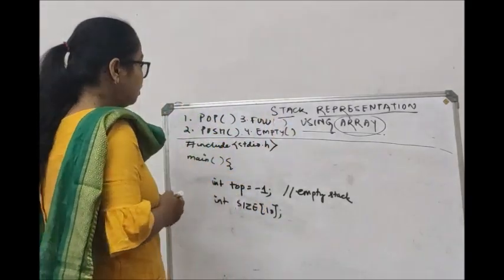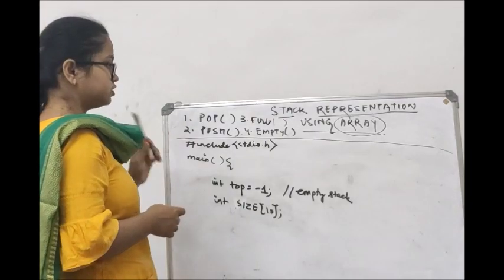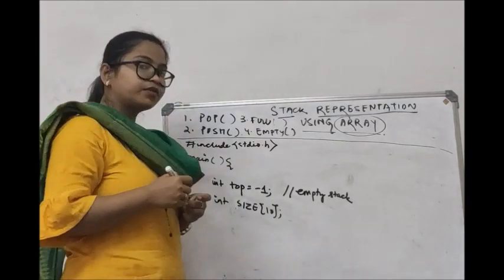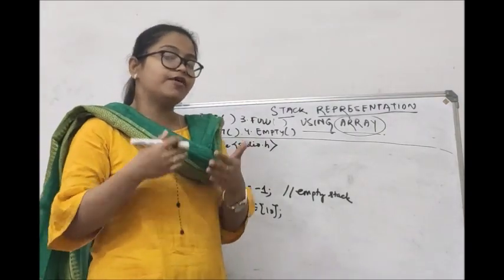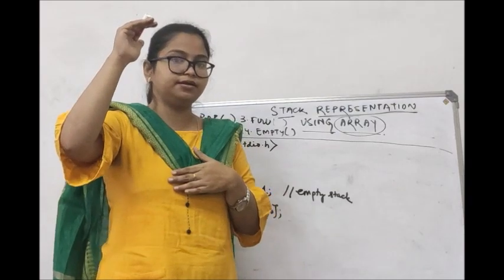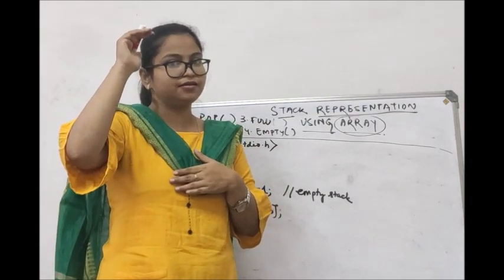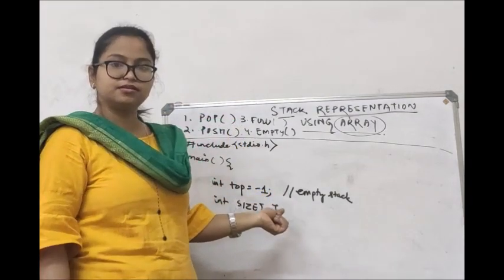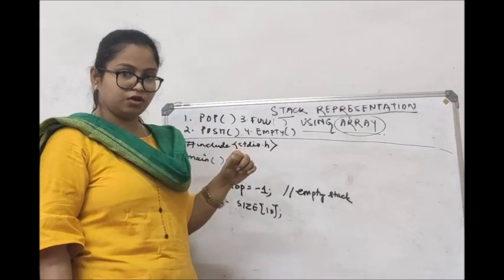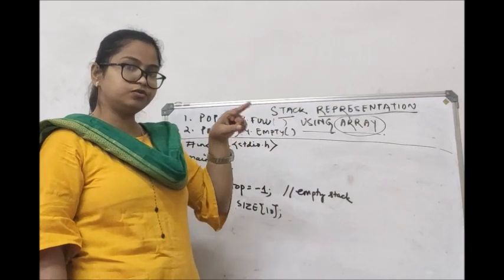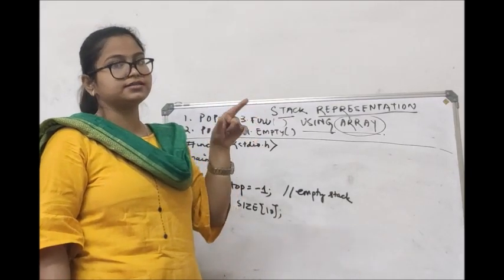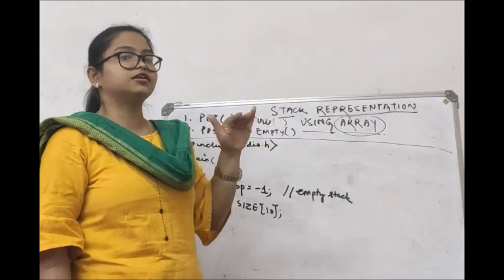Now we have to check first of all whether it is full or not. For full, just think, when is the stack full? When the topmost element is the 10th element, isn't it? Sorry, the 9th element. If top points to 9, if the top value is 9, index is 9, we can say that it is full.